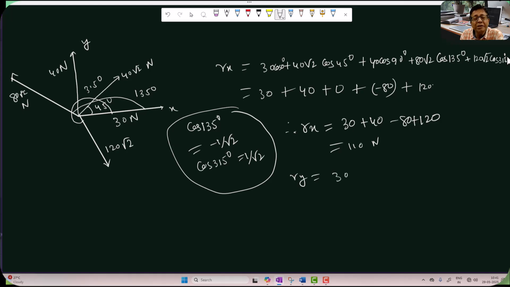Similarly, you find Ry. Ry will be what? 30 Newton's component along y-axis will be 0. Isn't it?